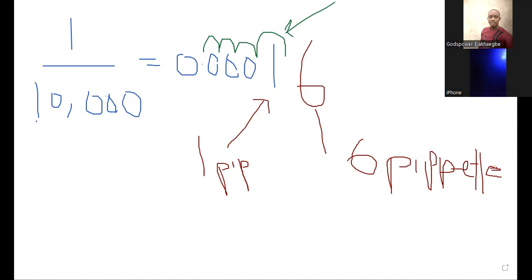So let's take a very good calculation on pips. Let's say you have an exchange rate like this, 1.28300.